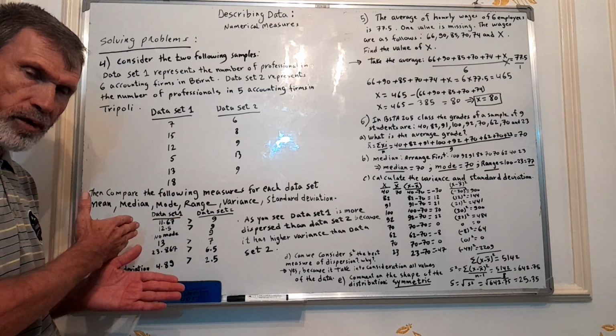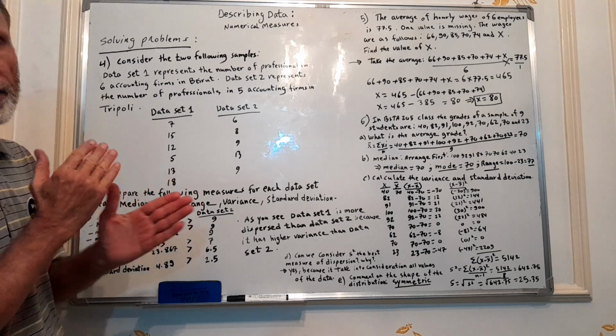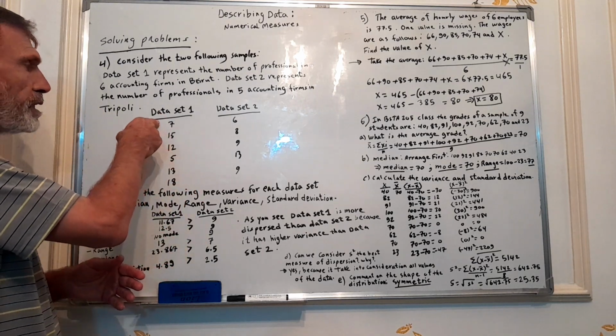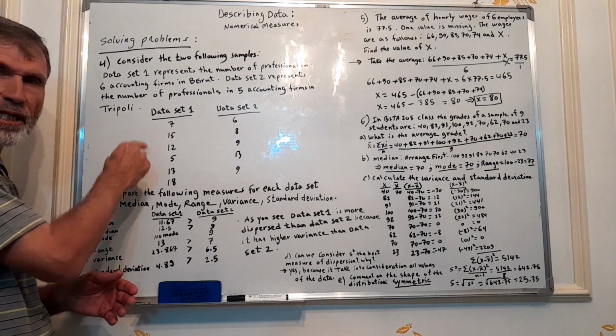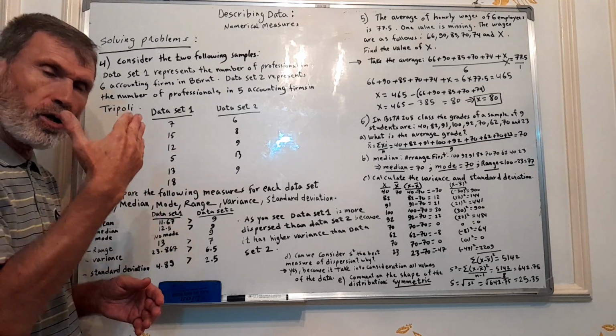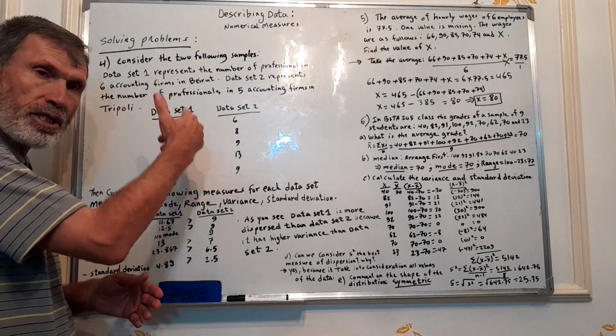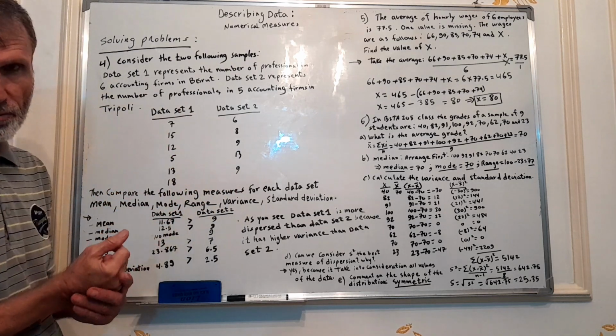Some of them are measures of location and the others are measures of dispersion for each data set. So we're going to find the mean, median, mode, range, variance, standard deviation for data set 1. Also, we're going to calculate the mean, median, mode, range, variance, and standard deviation for data set 2.